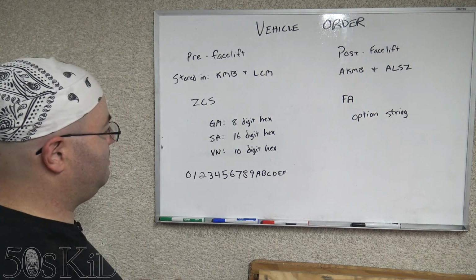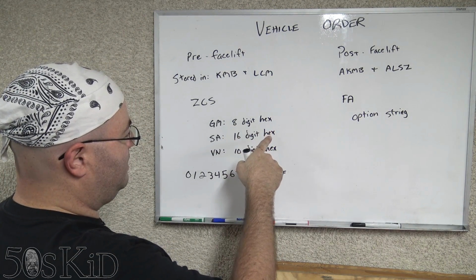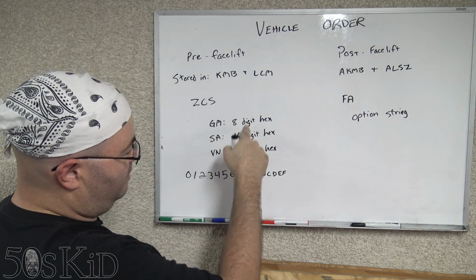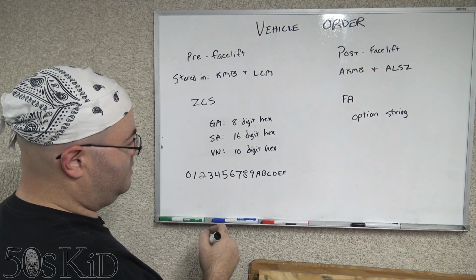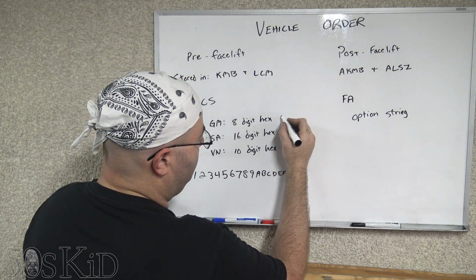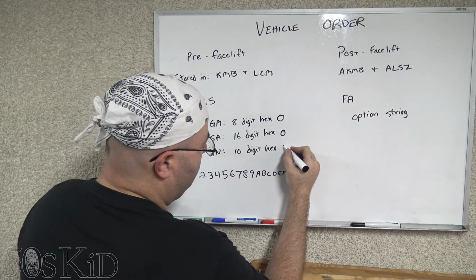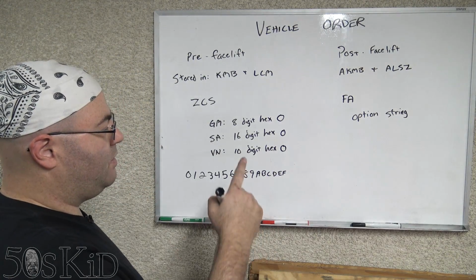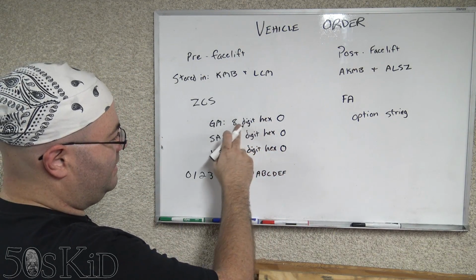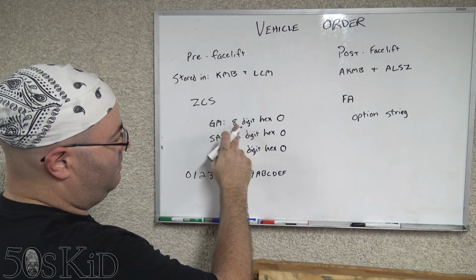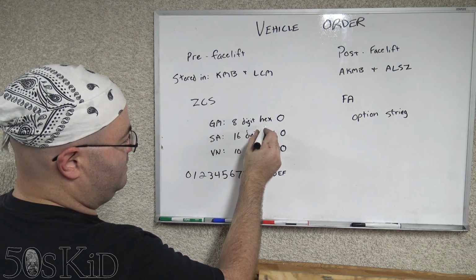The SA is a hexadecimal string of various lengths, with an extra digit on the end, which is the checksum. It calculates a checksum from the actual string itself.